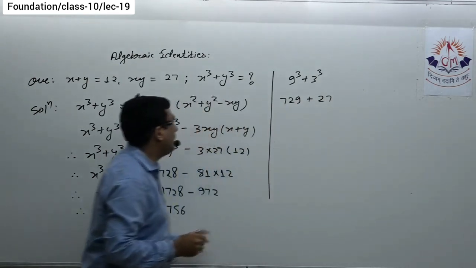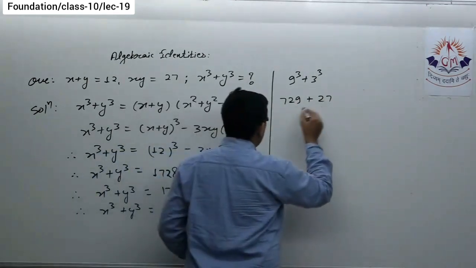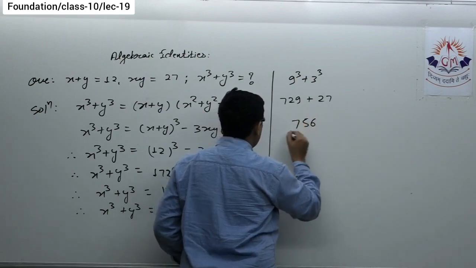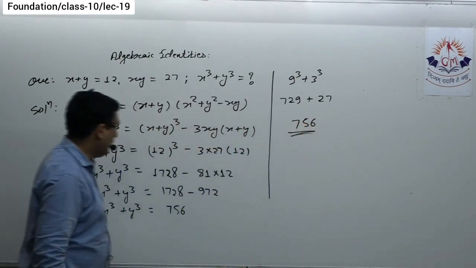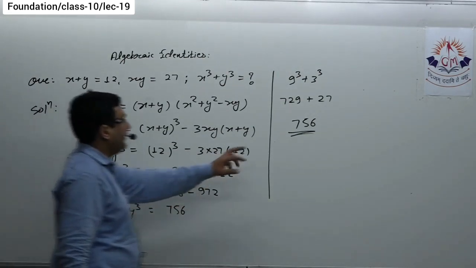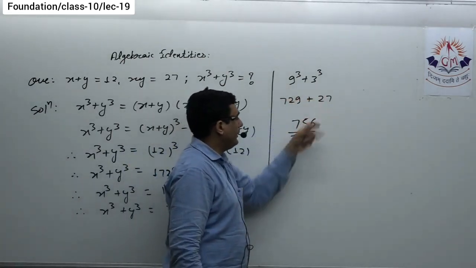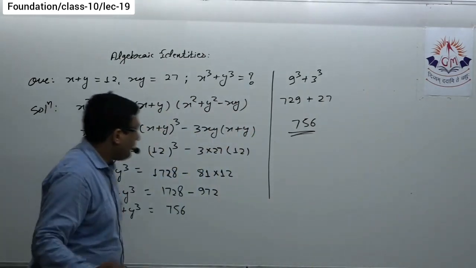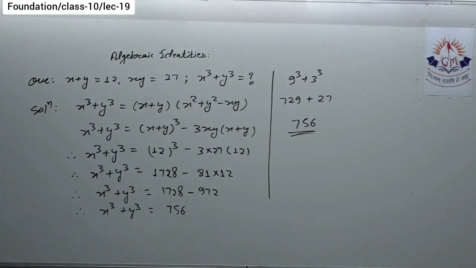I took 3 cube as 9. So 9 plus 7, 16, 6 carry 1, 5, and yes, the answer is the same. It should be the same only. Even though the method is different, the answer should be the same. So here by mistake I took 3 cube as 9, that's why I was getting an incorrect answer. Okay, so please note it down, then we'll see the next question.